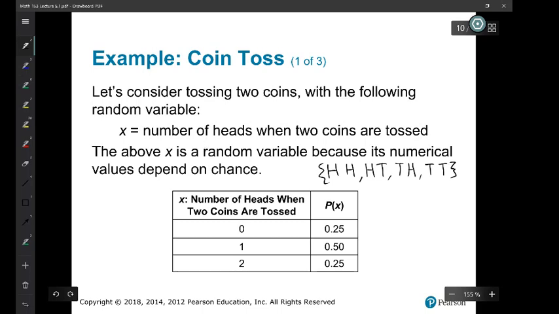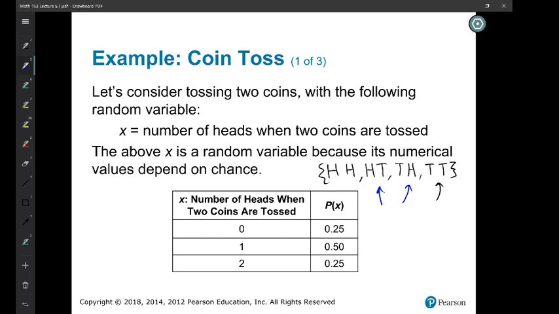So the probability of getting no heads would be 1 in 4, because you could flip the coin and get tails, and then flip the coin again and get tails. So 1 out of 4 corresponds to 0 heads. But there are 2 ways you could get exactly 1 head: get a head and then a tail, or get a tail and then a head.